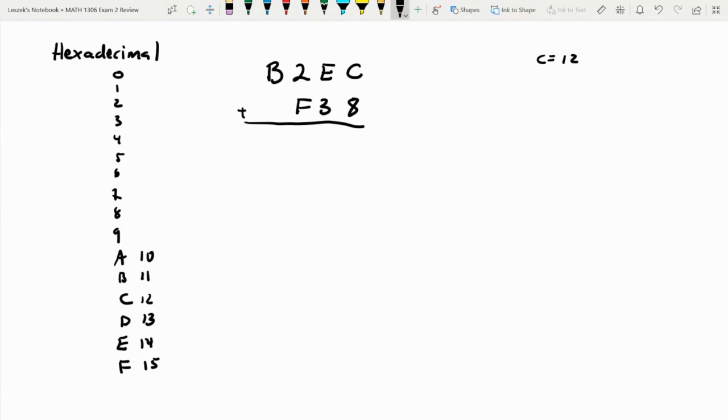So C is 12, and then we have plus 8. So that would be 20. And 20 we see is larger than our base value, or it's at least as large, right? So we take that 20 and we subtract the base value to get 4. And that tells me what digit to put over here, and then we carry 1.